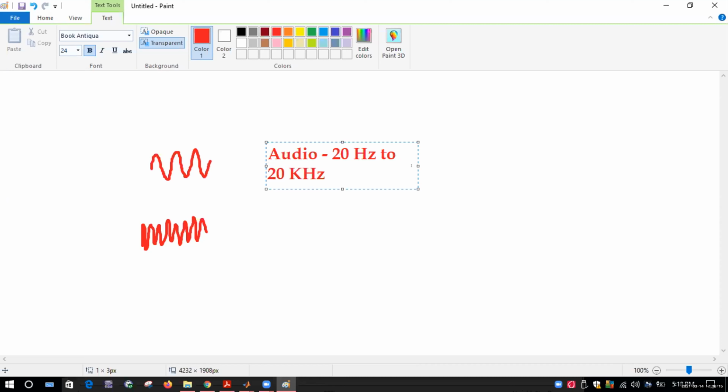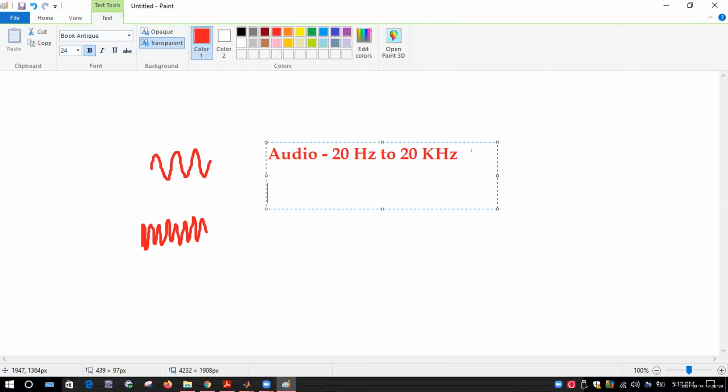This is the low frequency range or the audio frequency range. The music that you hear, the words that you speak, or the conversation that you hear with your ears is within this range. Beyond this range, you cannot hear. This is the audio range.